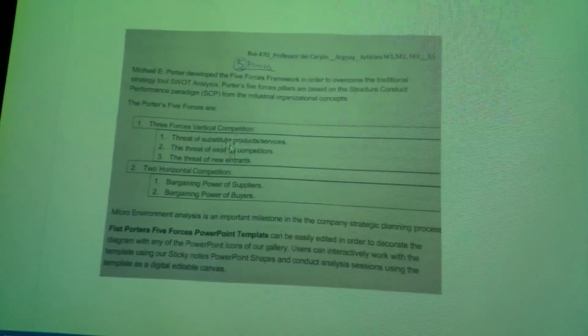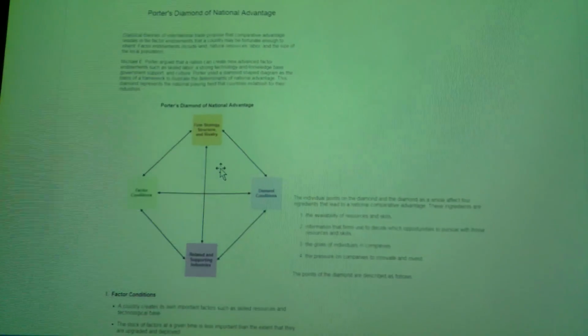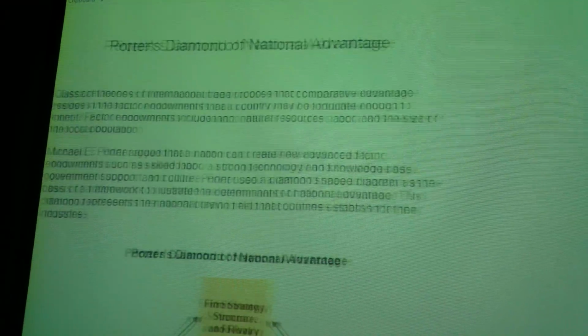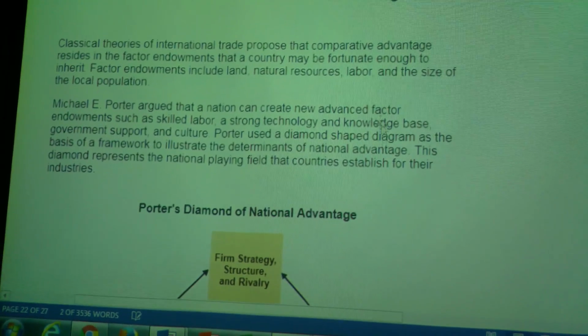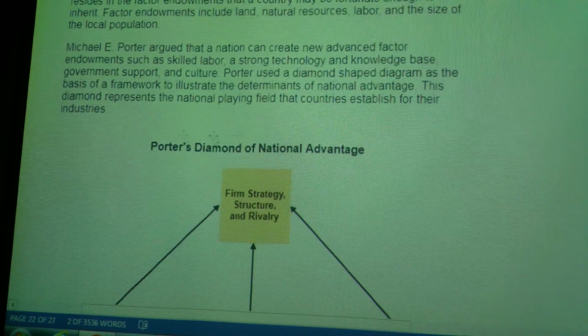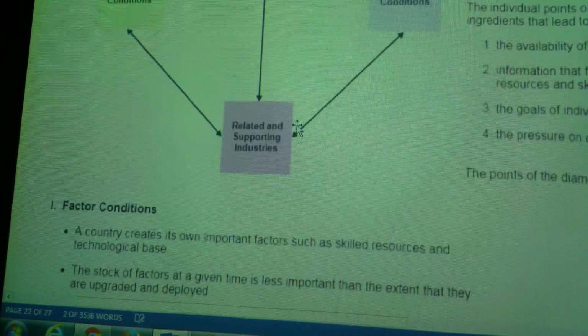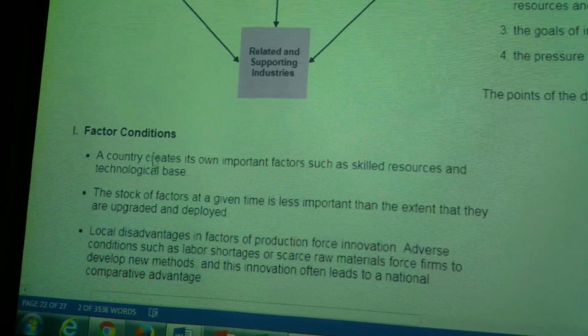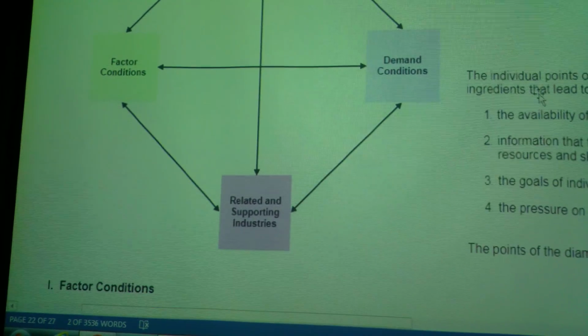So here we have the 5 forces, guys. Vertical, horizontal competition. I want to make this bigger. Okay, so here we are, the factor conditions.